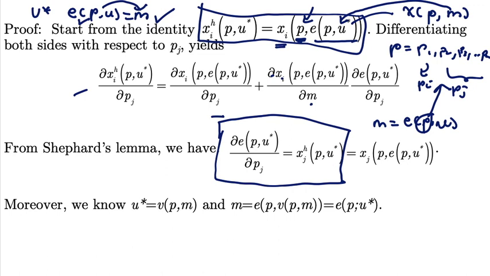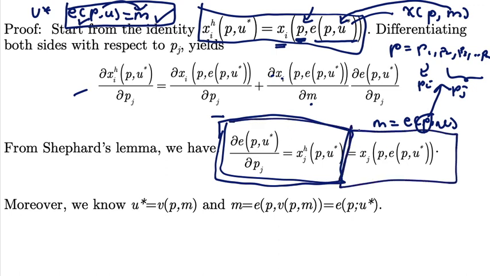And because at the optimal level of utility we have expenditure equivalent to income, and at the same time Hicksian demand is equivalent to Marshallian demand at the optimal level of utility U star, this Shephard's lemma expression is also equivalent to the Marshallian demand function for good J at the optimal level of utility.